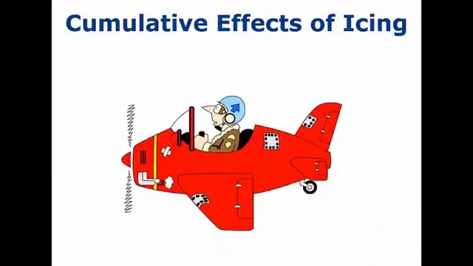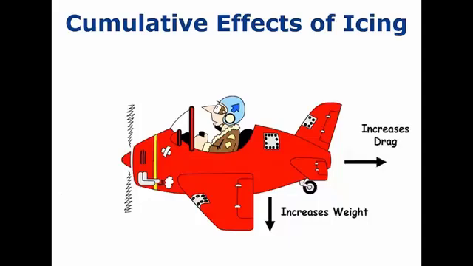Here's what I mean by the cumulative effects of icing. It increases the weight of the aircraft itself as you continue to add ice to the aircraft. It increases the amount of drag that the aircraft experiences going through an air mass.